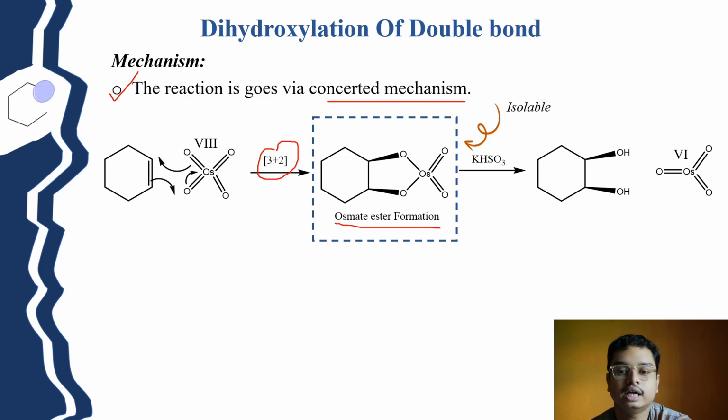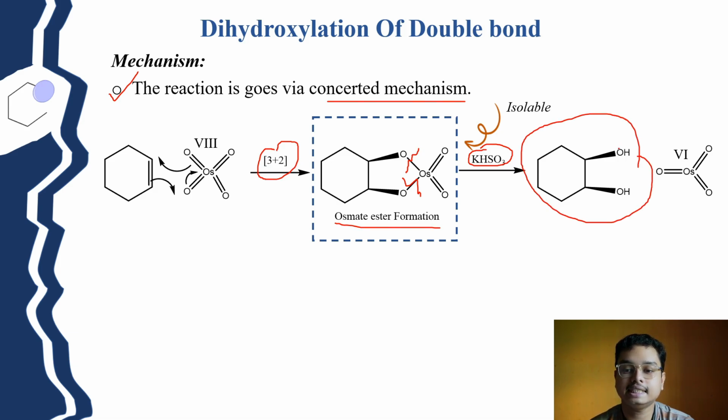Then KHSO3 is used to cleave the Os-O bond, and after hydrolysis and taking a proton from the solvent, we get our product, the cis diol, and this byproduct, OsO3, where the oxidation state of osmium is +6.